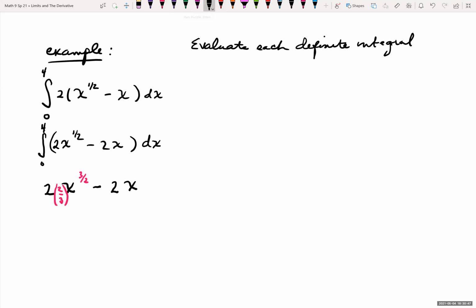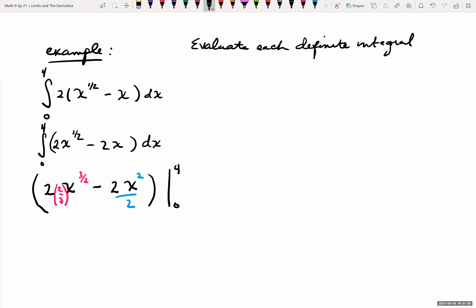So 1 plus 1 gives me 2, and divide by my new exponent. That's not a fraction, so just put it all over 2. And because we have numbers and it's the definite integral, we're evaluating this from 0 to 4, and we don't have to add that constant.